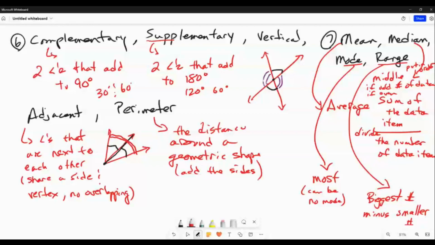If you don't put them in order, you can't find the middle. But once you put them in order, then that shall tell you what the biggest number is, what the smallest number is, and subtract. That's all it is. So that's the stuff we covered over the past few weeks.